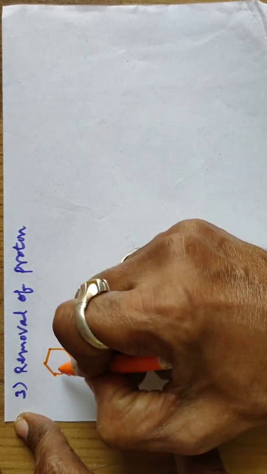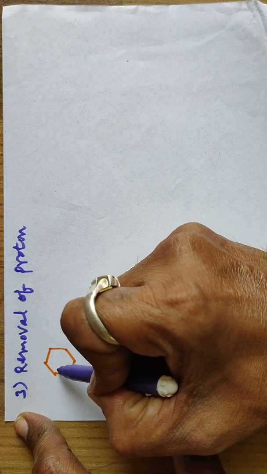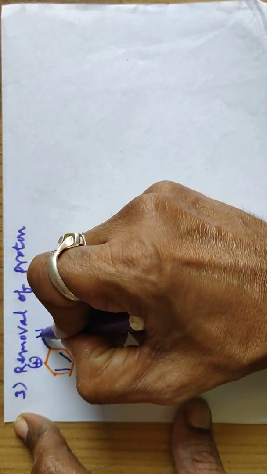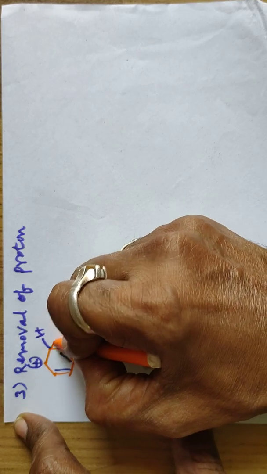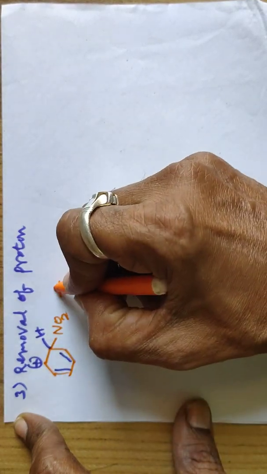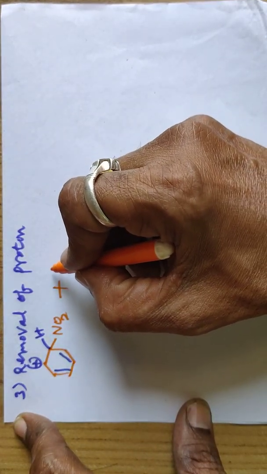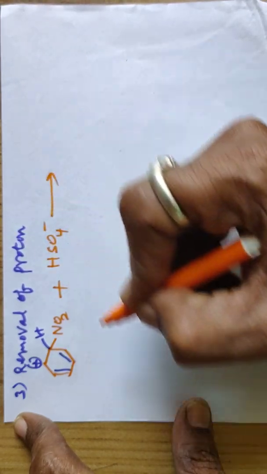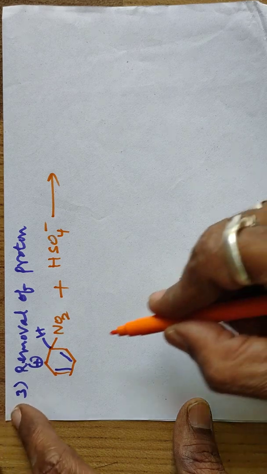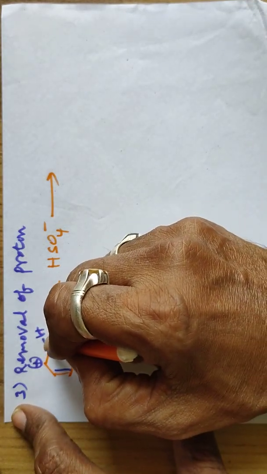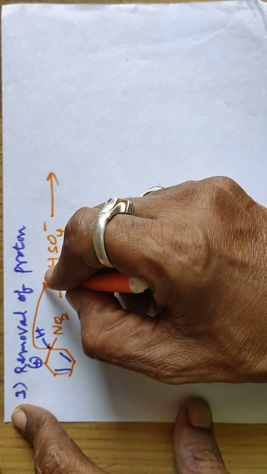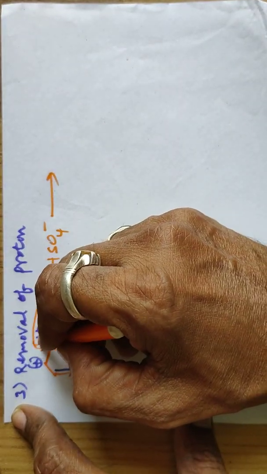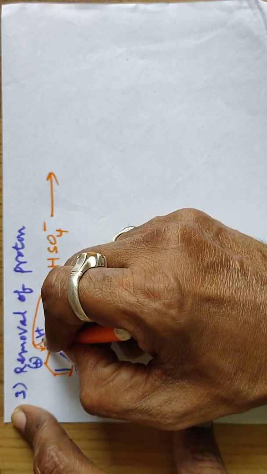Yes, this is the old bond undisturbed, here positive charge, here hydrogen, here NO2 group. HSO4 minus is playing a role here, and it removes hydrogen like this, as a proton without the bonding electrons.